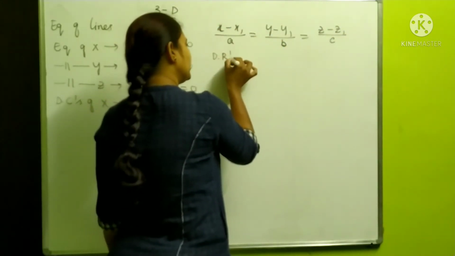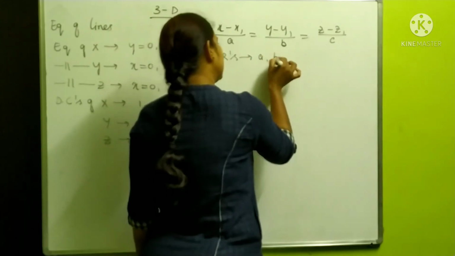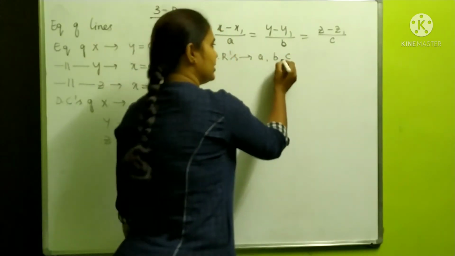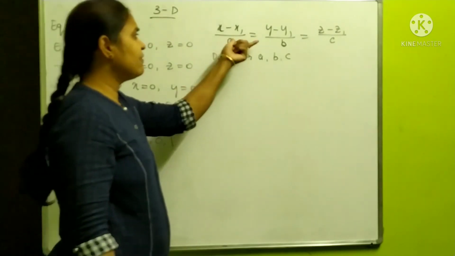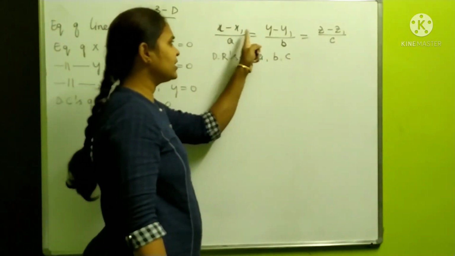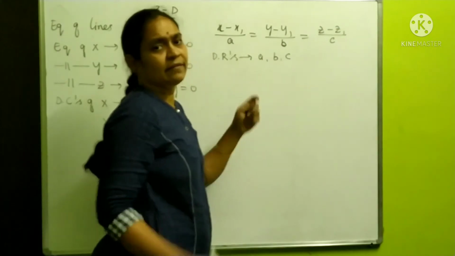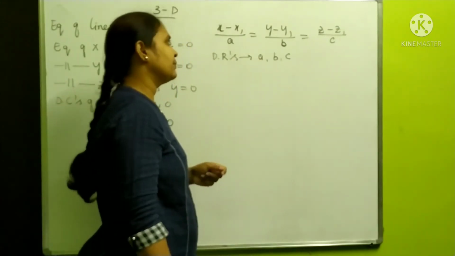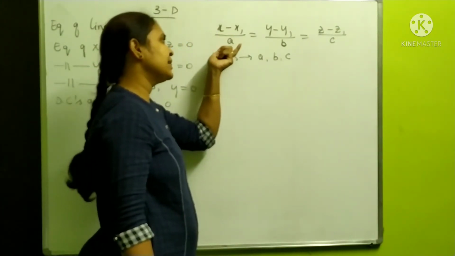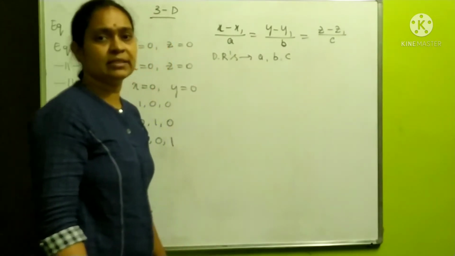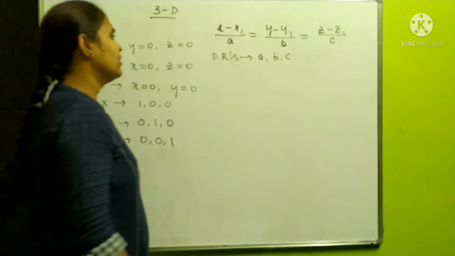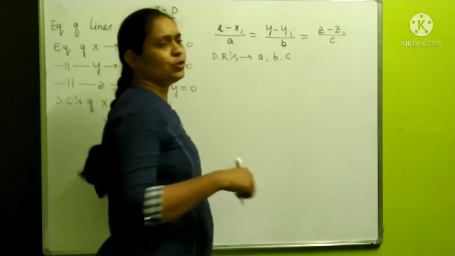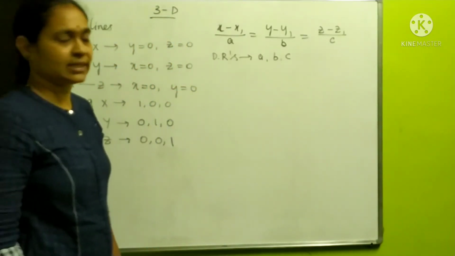Direction ratios of this line are a, b, c. This is the equation of line passing through the point x1, y1, z1, which is parallel to a vector. Fine. If you know direction ratio, you know how to find out direction cosines.